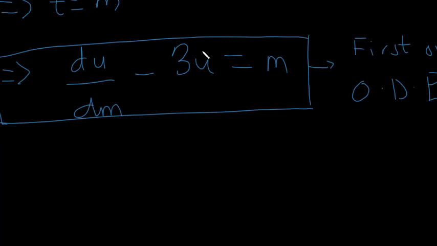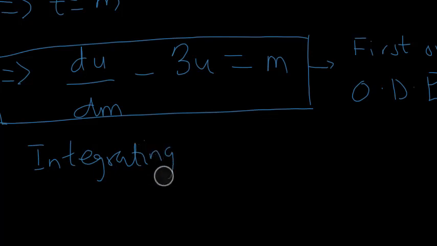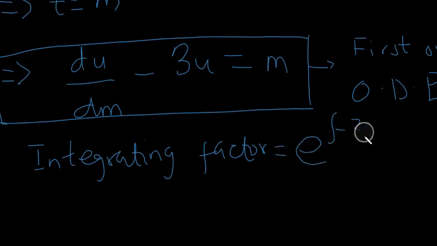All right, so my integrating factor is going to be equal to e to the power negative of the integral of 3 dm, because our integration is going to be with respect to m. So this is actually going to be e to the negative 3m, right?